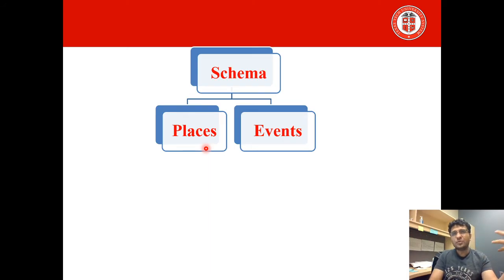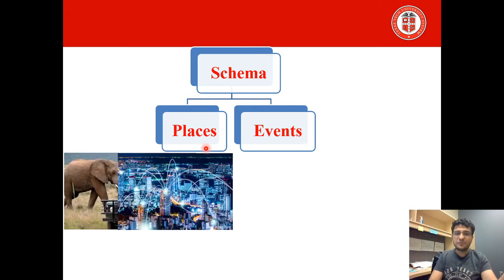Now, to elaborate this concept of schema more, I thought to give a few examples of schema of places and events, just to make this theoretical concept more practical. So if you look at these pictures, the first picture is about what comes to your mind when you see it. You can see an elephant, and I'm sorry it's not very clear, but it's a picture of a safari.